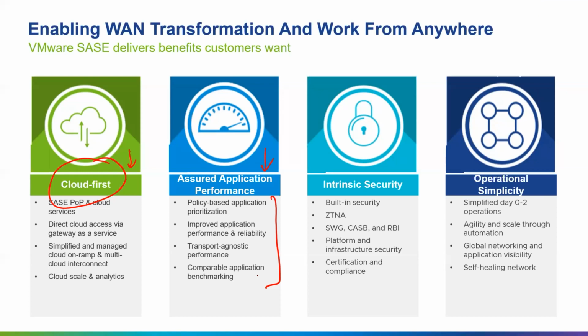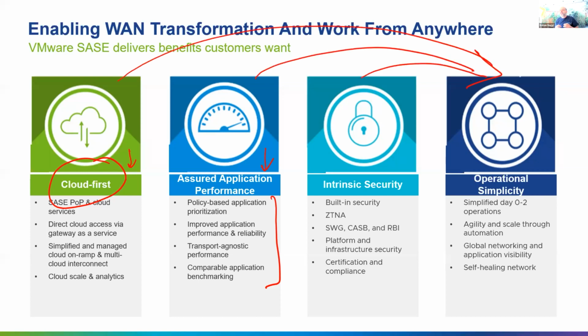Security is built in, where you have ZTNA, Secure Web Gateway, Cloud Access Security Broker, Cloud Sandboxing, Remote Browser Isolation, all part of the security capabilities inside the SASE POP. And when all these things are being offered, the networking and security, the key here is that the enterprise admin or the IT ops team should be able to configure all this in a simple way.